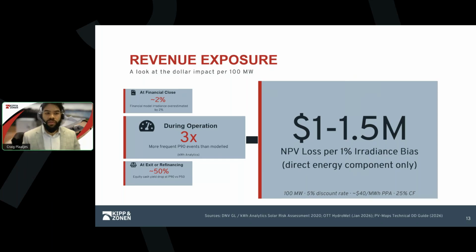And all of a sudden, the direct energy net present value impact of $1.2 million turns into a total exposure that is materially larger than the energy loss alone suggests. If you scale the size of the plant and the measurement bias, all of a sudden these numbers become significant. Ultimately, the measurement bias could potentially cause problems that run into the millions of dollars.